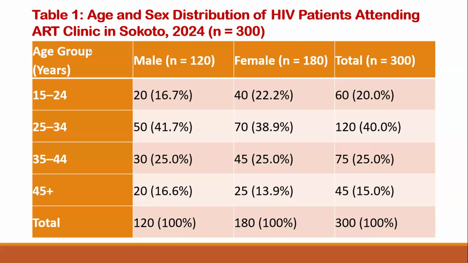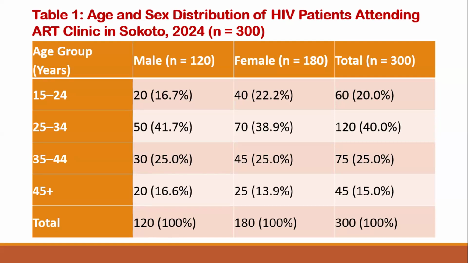Column number 1 is age group in bracket in years. You see, you have to put the units. If it is years, you have to put years. If it is weight, you have to put kilogram. If it is height, you have to put meter. So then the next variable is male.